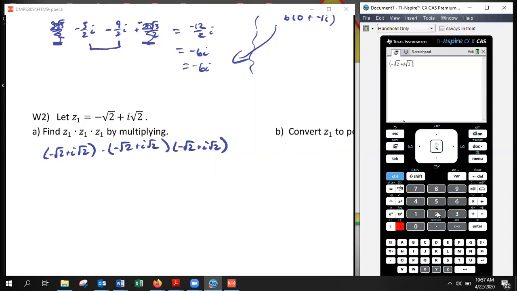And let's multiply that by itself 3 times. This is a little bit annoying, but at the same time helpful to see. Negative square root of 2, plus i square root of 2.